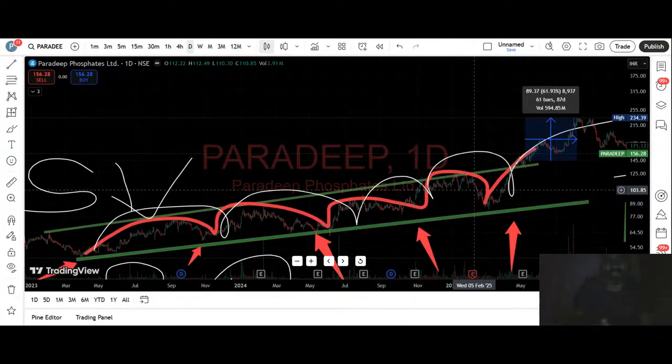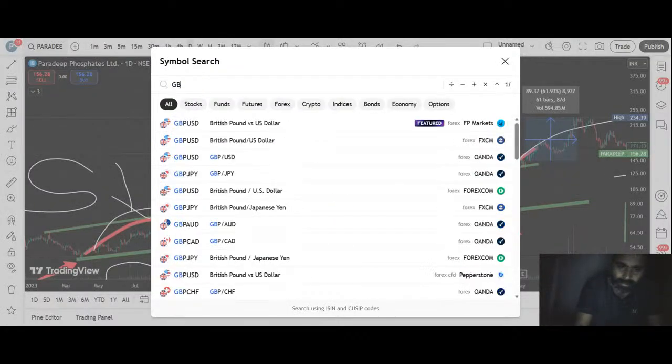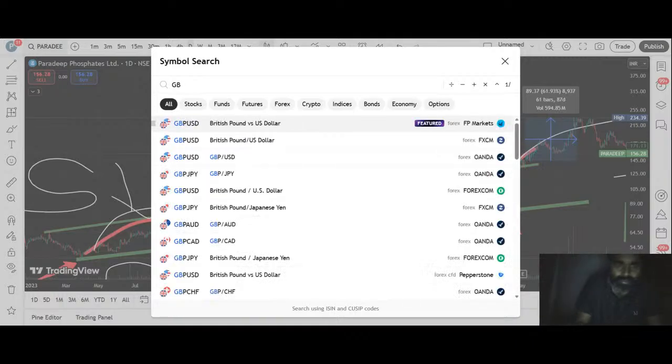This is only the structure. You can open some GBP, British pound, right?